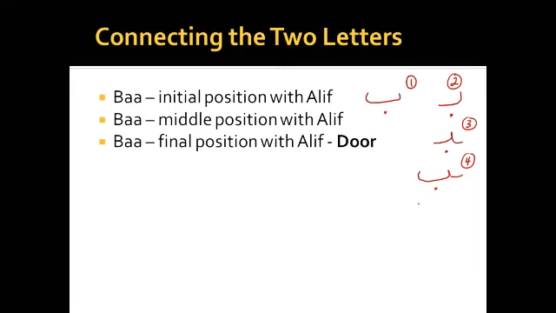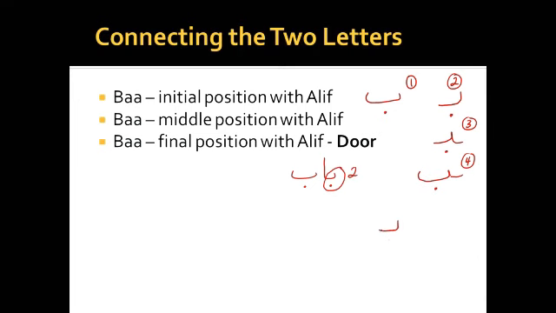Now, let's look at the word bab. So the ba here, notice that it connects to a letter before, a letter after it. And so this would be which ba here? This would be number 2.